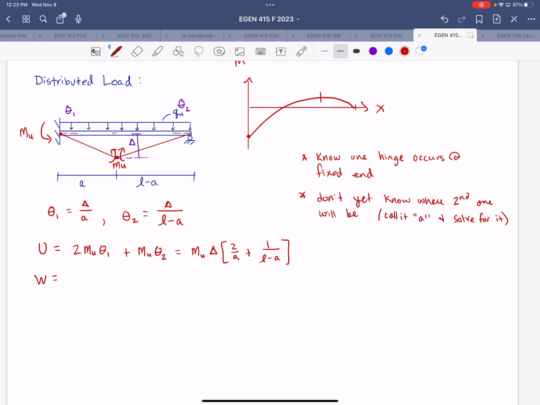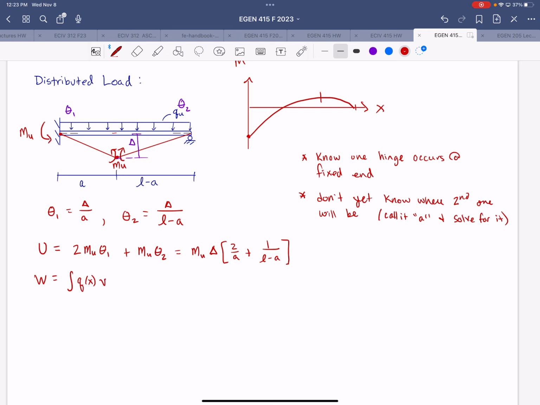The external work done, since we have a distributed load, that equation officially is an integral. So the integral of Q of X, this is the general equation for any type of distributed load. This one happens to be constant, but if Q varied with X, you would have to integrate that function, of course.